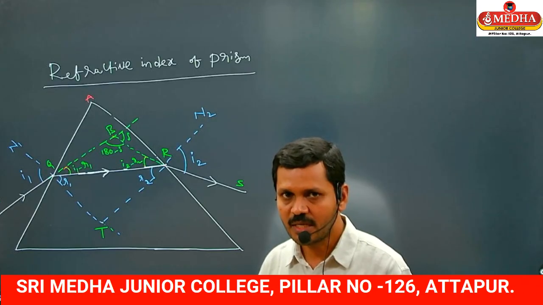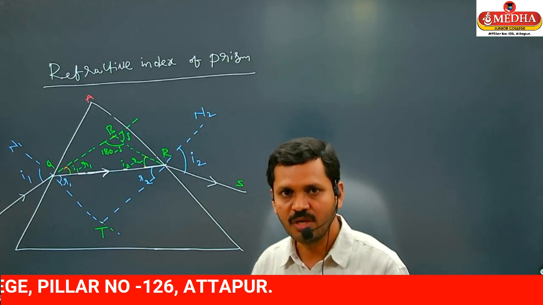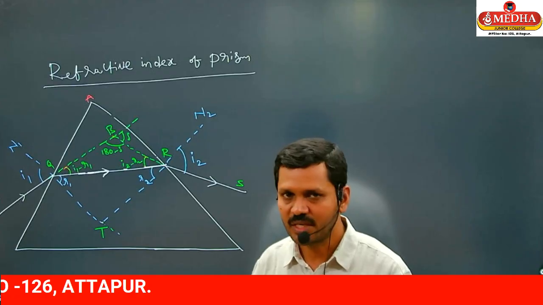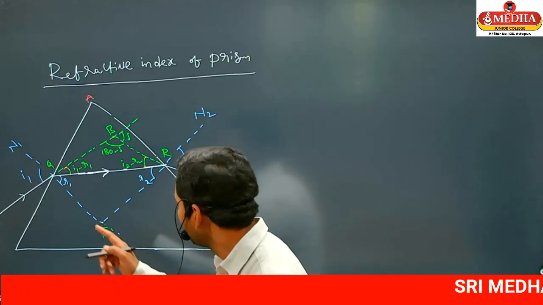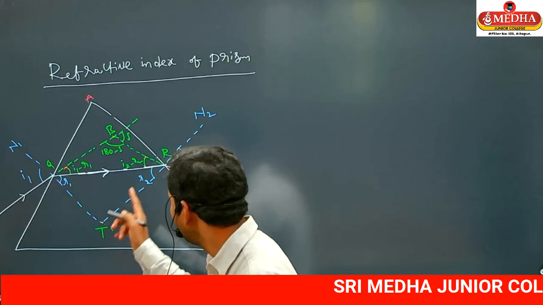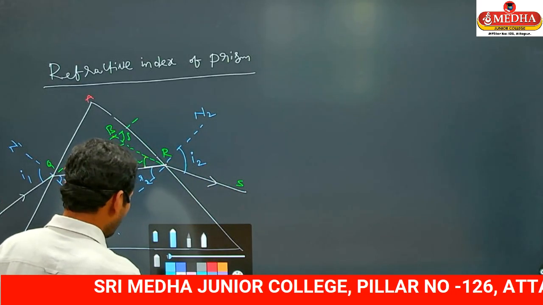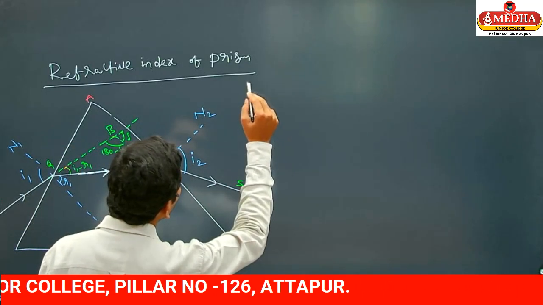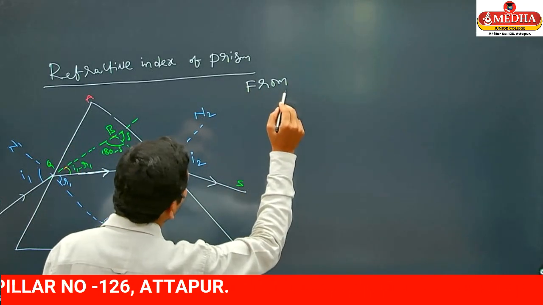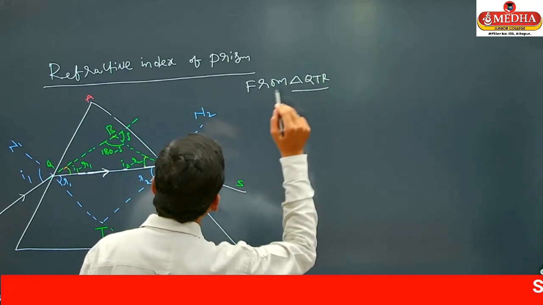Now by using this diagram, we can calculate the refractive index of a given prism using Snell's law of refraction. In this prism, I am using the triangle QTR.